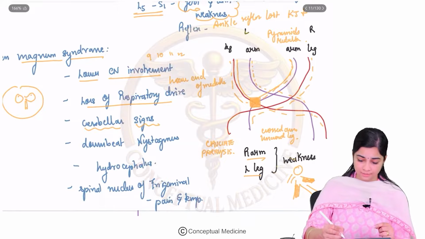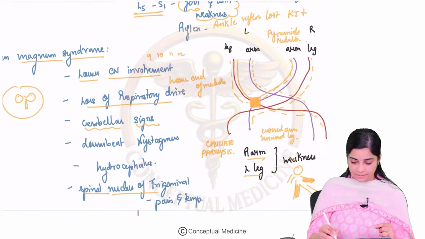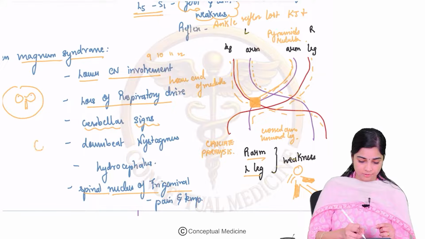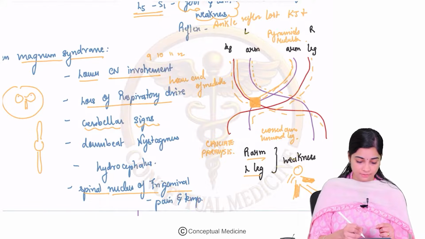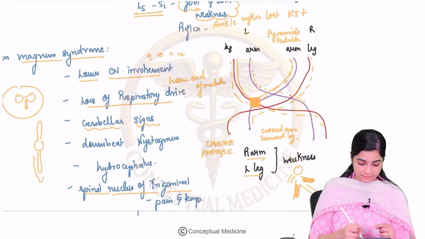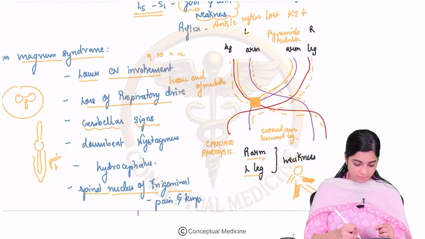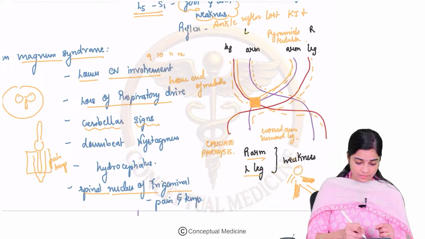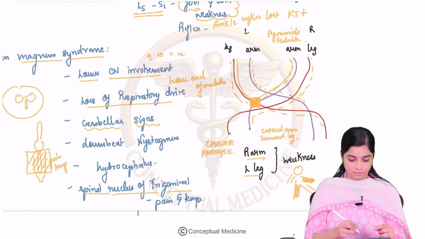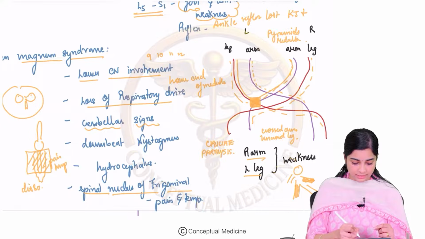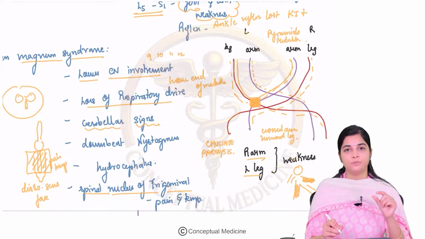Apart from 9, 10, 11, 12, you can also have involvement of the spinal nucleus of the trigeminal nerve, because we had learnt in our brainstem syndromes as well that the spinal nucleus of trigeminal nerve extends up to the spinal cord and it carries pain and temperature. So you can have dissociated sensory loss over the face because of spinal nucleus involvement.